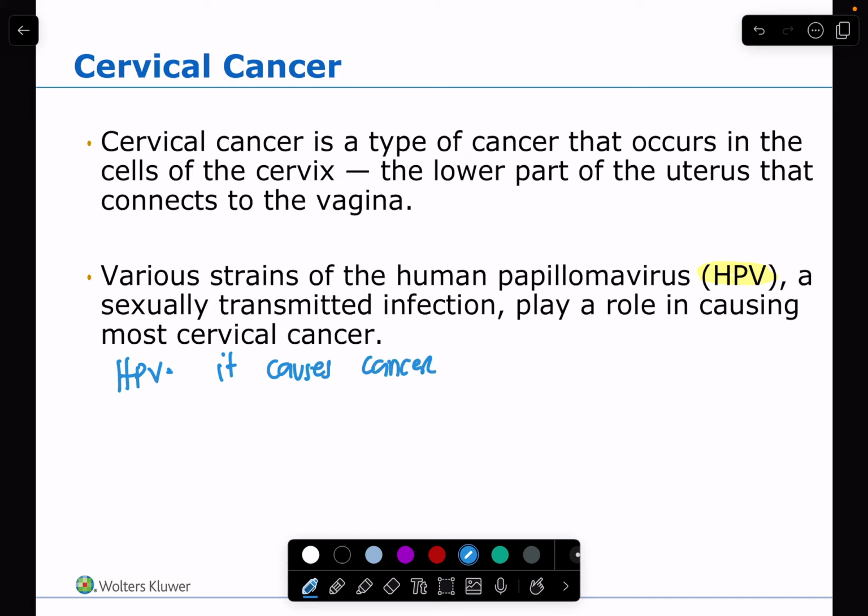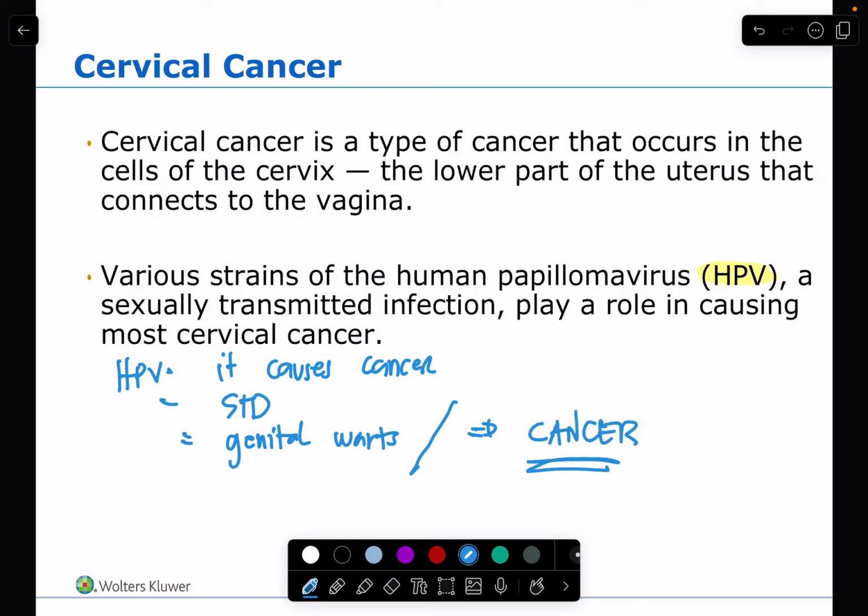Well, this is a type of STD or sexually transmitted disease which is primarily transmitted via sexual intercourse, no? Once you have had this type of virus, it causes genital warts, no? And most especially, ang pinaka worst thing, it causes cancer.